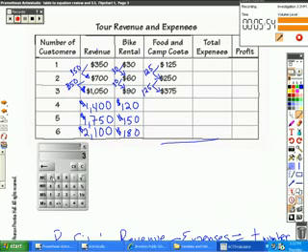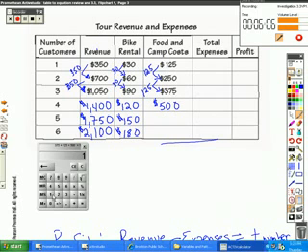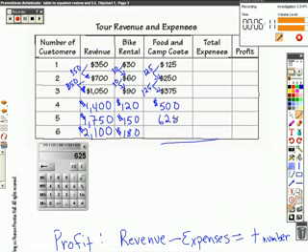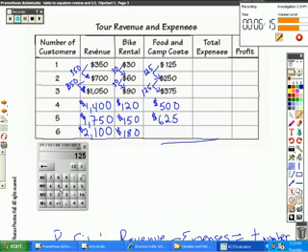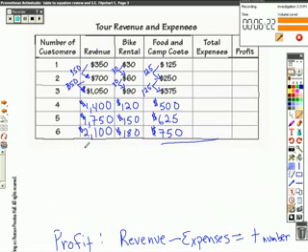Okay, so 375 plus 125 equals 500, plus 125 equals 625, plus 125, 750. So we got the bulk of our table filled in just by looking for a pattern.